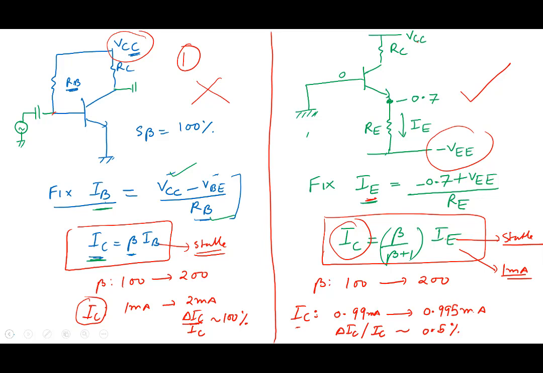So the next thing is, can we make the circuit single supply? Let me go back and write this circuit here. Look at this biasing here. We said this biasing is reasonable. I'm only showing the biasing part here: VCC, RC, and RE, and minus VEE. We said this biasing is nice. It makes IC beta insensitive, but it uses the negative supply voltage here.